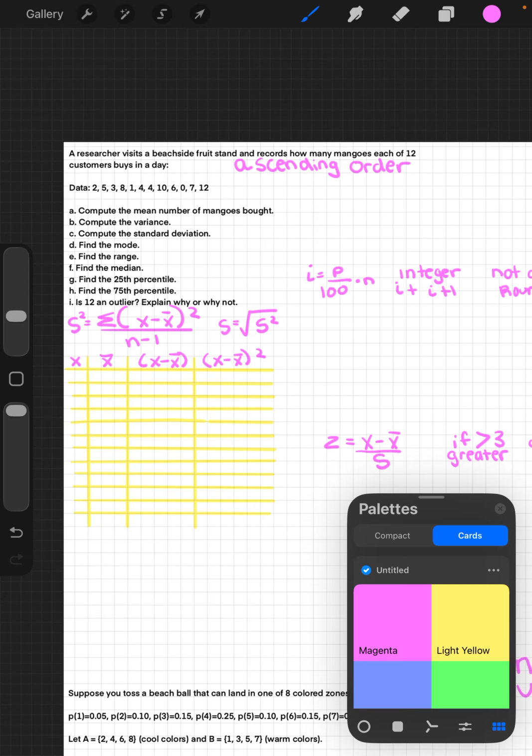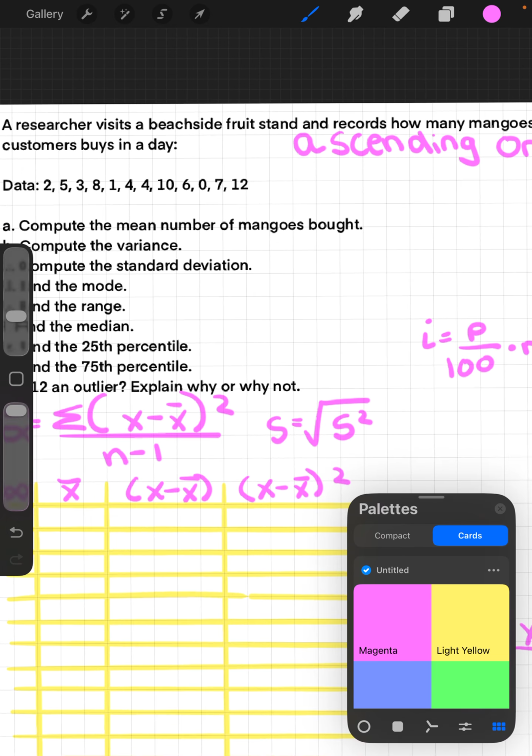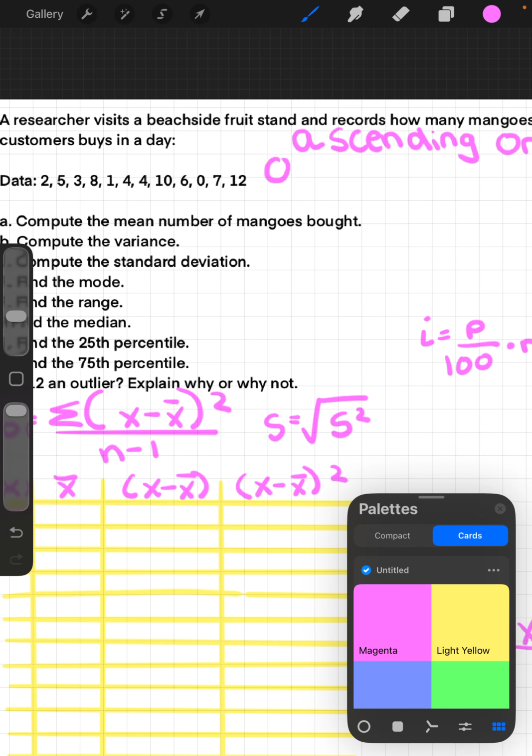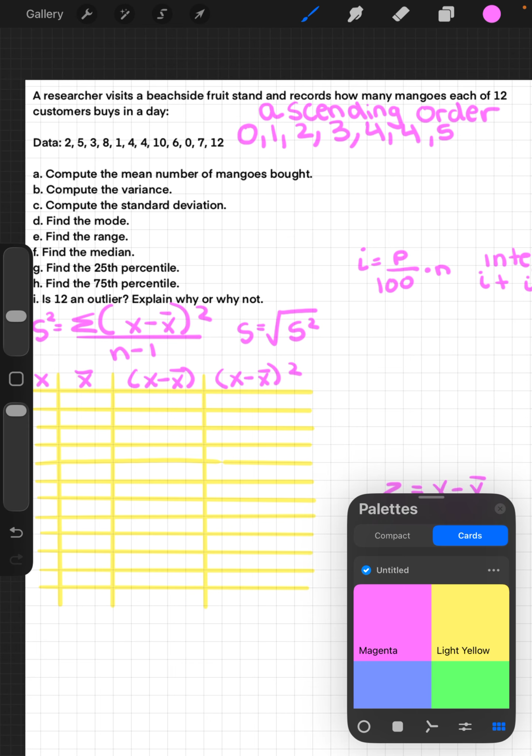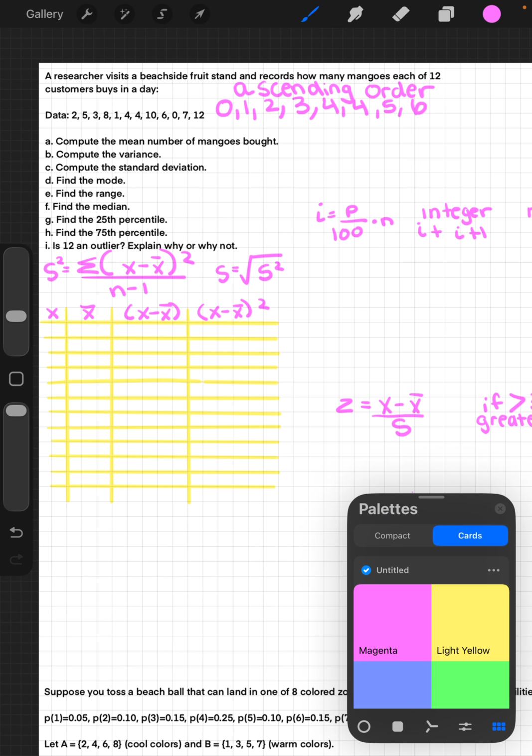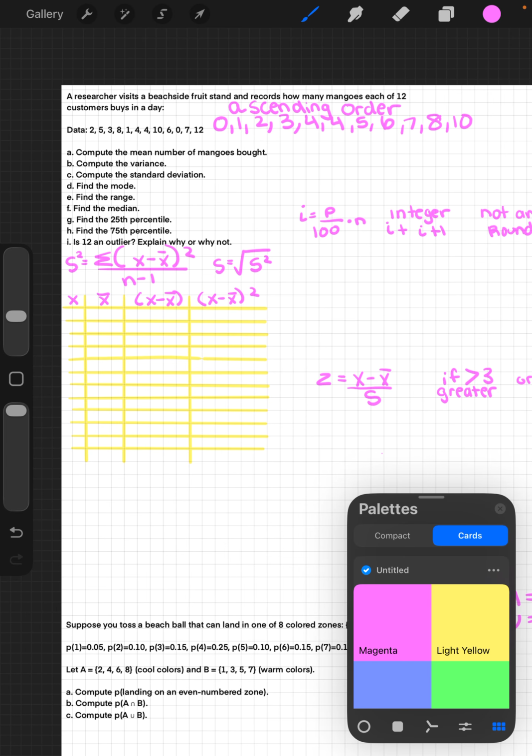And since we're going to deal with percentiles, I'm going to put everything in ascending order real quick. And then I'm just going to number them.